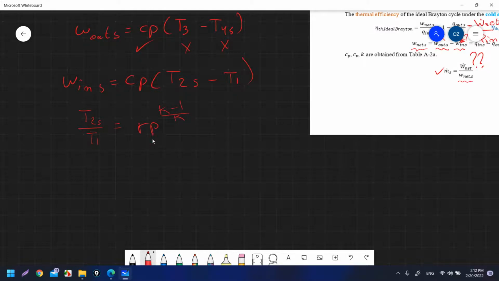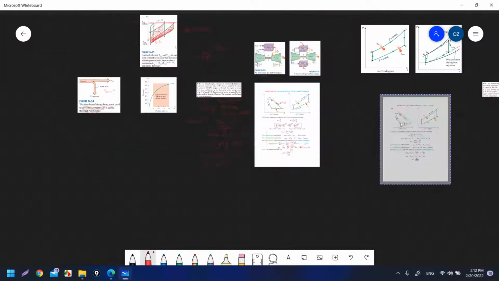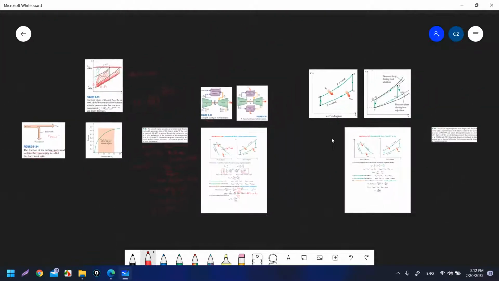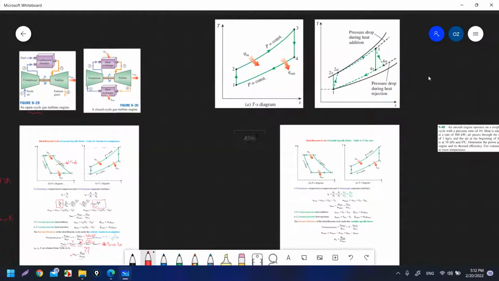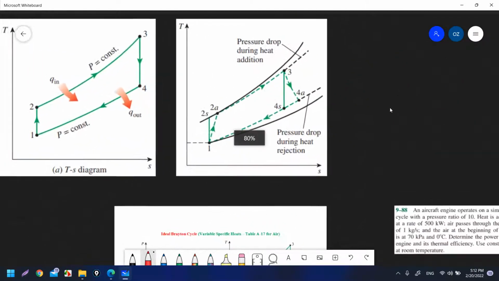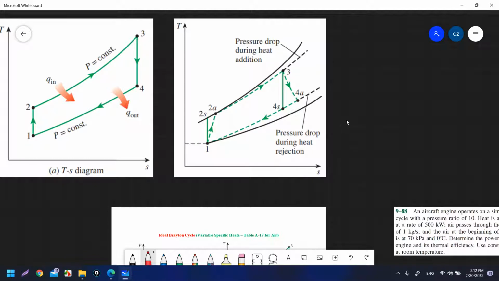Okay, so why I'm saying it is S, everything is S, because when we have an actual cycle, we will not have an isentropic compression process or isentropic expansion process. The compression process will take a path like this, and here this one will be T2, temperature T2A, at state 2A.